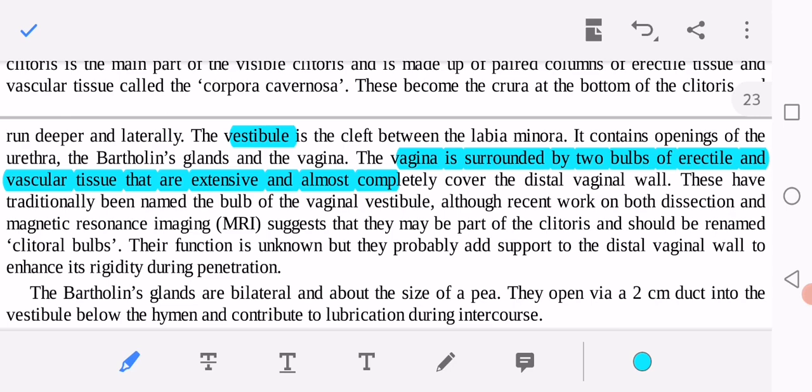Okay? Their function is unknown, but they probably add support to the distal vaginal wall to enhance its rigidity during penetration. So this is about the two bulbs of the erectile and vascular tissues.